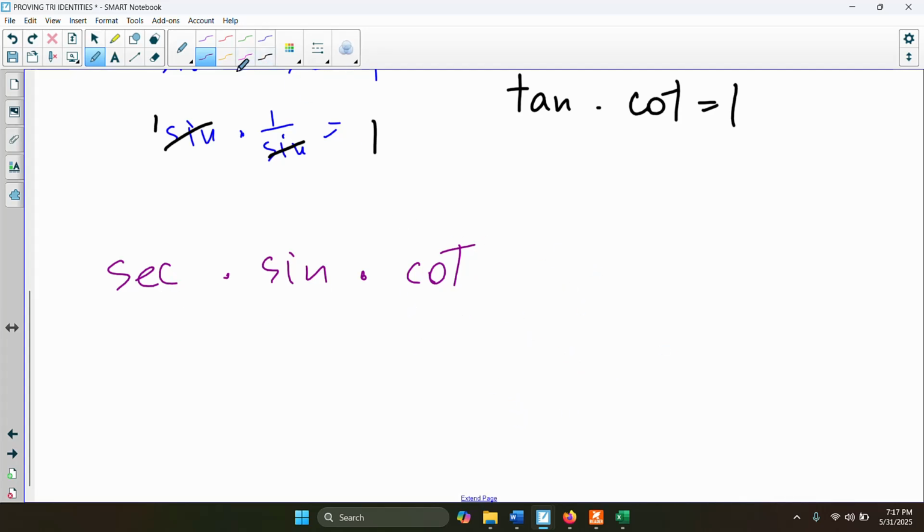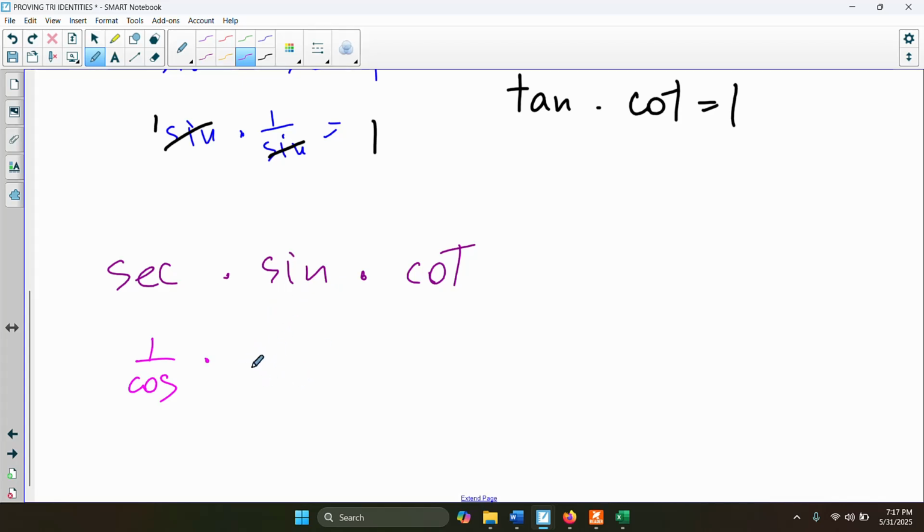Well, right now it's not obvious. One of the strategies will be, hey, if nothing's obvious, let's turn everything, especially these other three, the not major ones, into sines and cosines. So what is secant? Secant is 1 divided by cosine. Now, sines, the strategy is leave sines alone, leave cosines alone.